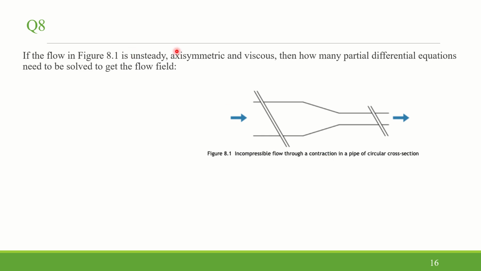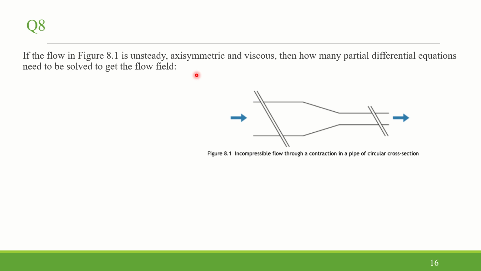If the flow in figure 8.1 is unsteady, axisymmetric and viscous, then how many partial differential equations need to be solved to get the flow field? So I repeat the question. It is a very straightforward question. You people can also answer it.